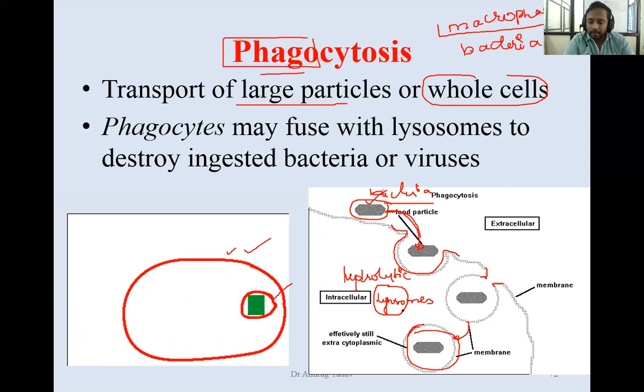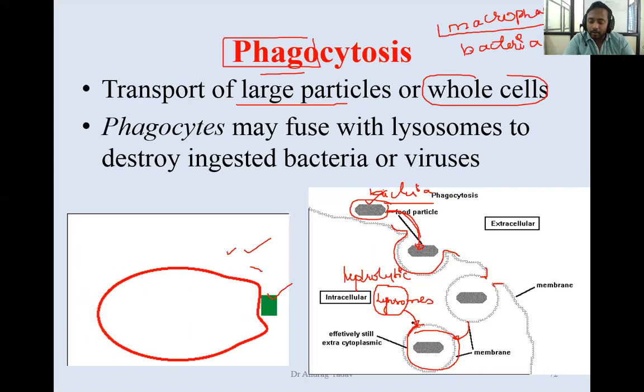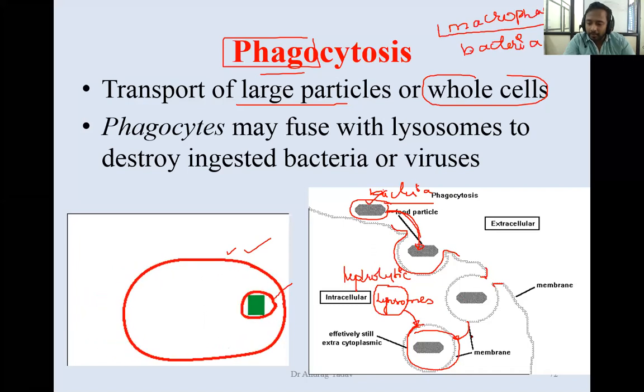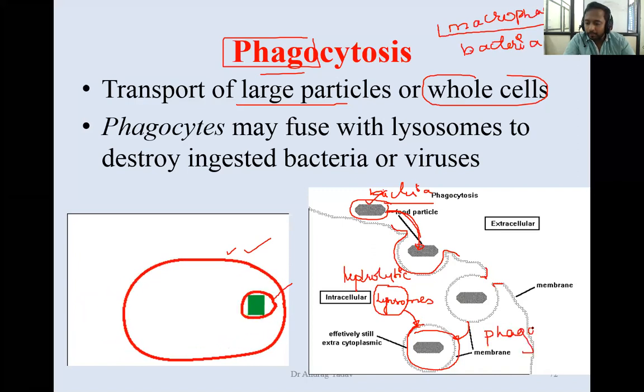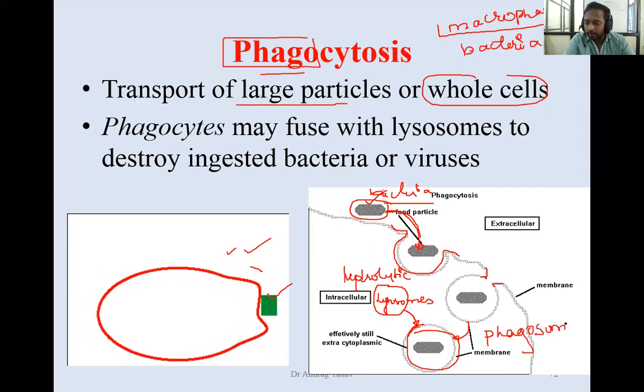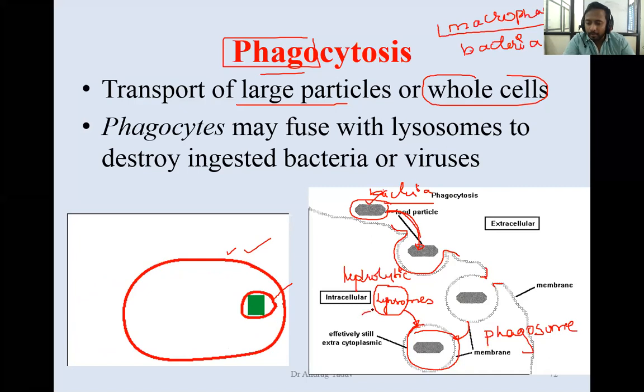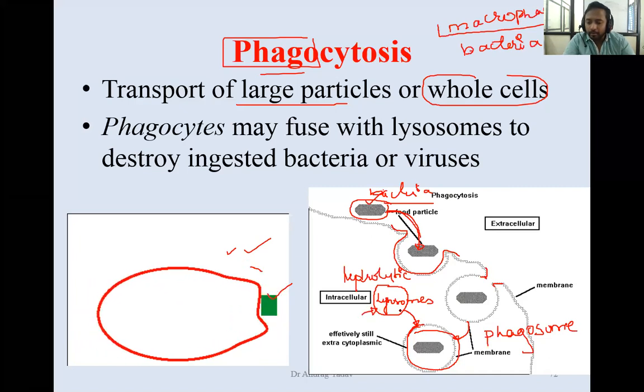So what happens? This lysosome binds with this phagosome. What is engulfed inside is called the phagosome. Whatever is taken in is called the phagosome. We have the lysosome. So these two will combine.